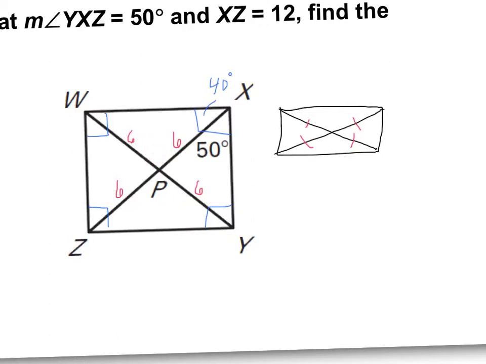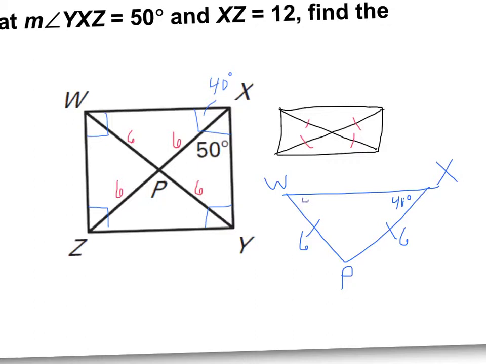What might be helpful is to draw that triangle, WPX. I'm just going to draw it outside the shape. Sometimes it's easier to see what you're dealing with when you take it outside the shape. Now this is 40 degrees right here, and this side is 6 and this side is 6. That means these two sides are the same, and this is an isosceles triangle.